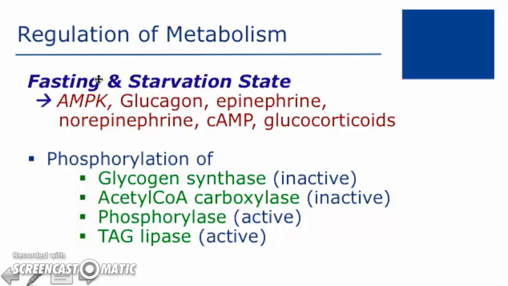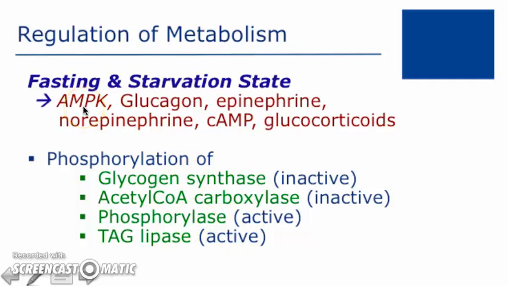Now we will review the hormones and other metabolic signals elevated in a fasting and starvation state. So we can see a number of these hormones or other metabolic signals that will be elevated, and then we'll see the effect of these hormones or other signals on key enzymes regulating anabolic and catabolic processes.